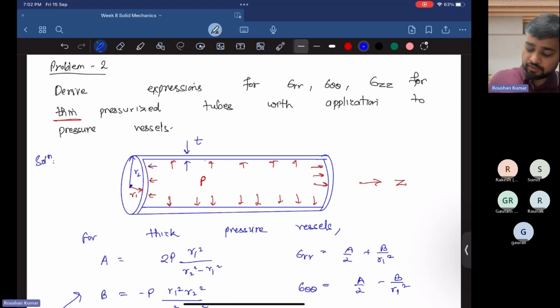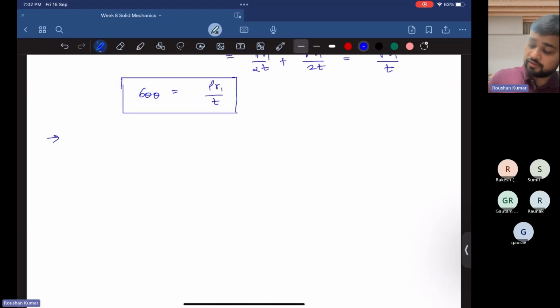Actually, if we see the value of sigma ZZ, pressure is acting from the inside surface to the outside surface, and there is a possibility of a stretch. As the thickness is very small, we can say that sigma ZZ does not vary through the wall thickness. So here it is an assumption that sigma ZZ does not vary through the wall thickness.